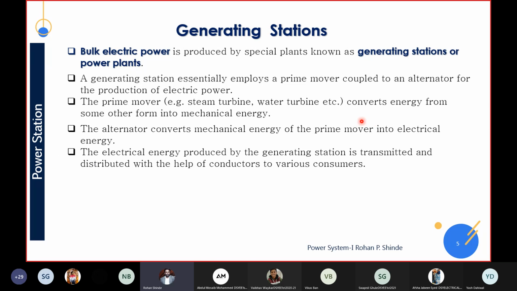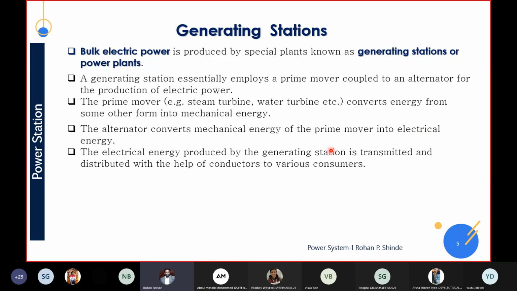Now see here, this alternator converts mechanical energy of the prime mover into electrical energy. Electrical energy produced by the generating station is transmitted and distributed with the help of conductors to various consumers.